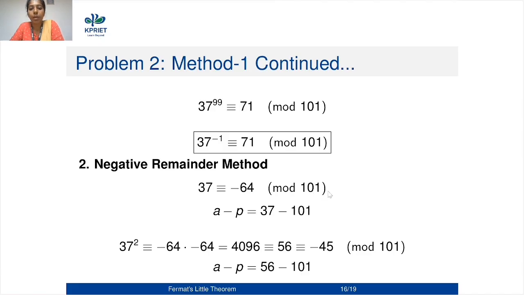You will get the remainder 0, which means the answer 71 is the correct inverse of the given number 37 modulo 101. And obviously, if the modulo number varies, then the inverse also varies. So these are the two different methods of finding the inverse.